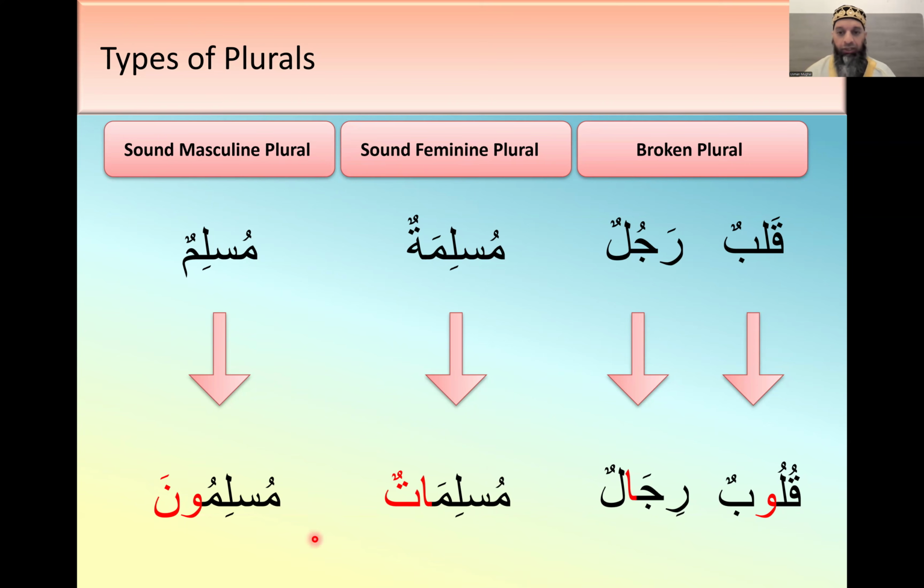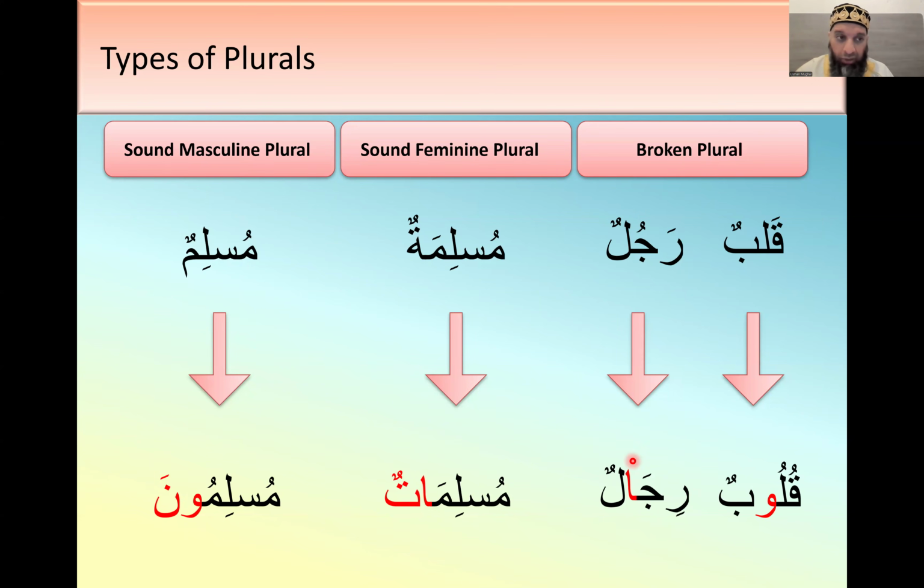So you need to know about this for the test, the three types of plural. Even though it may sound similar, even if rijalun sounds similar to rajulun, it's still called broken because a letter came and broke the original word, separated out the original letters, and a new letter came in between.